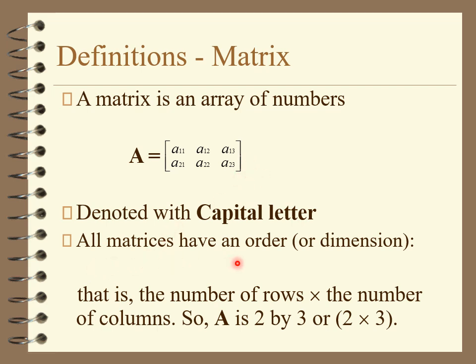All matrices have an order or a dimension, and as we said before, the dimension is the number of rows by the number of columns. So in this example, A has 2 rows and 3 columns, so A is 2 by 3.